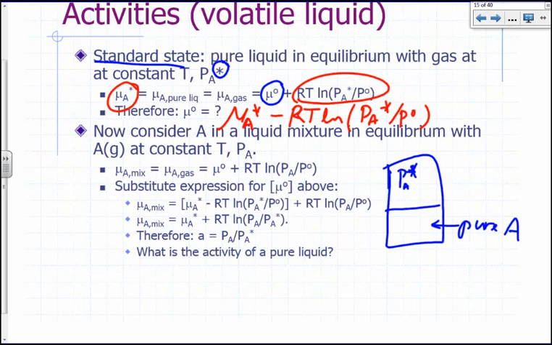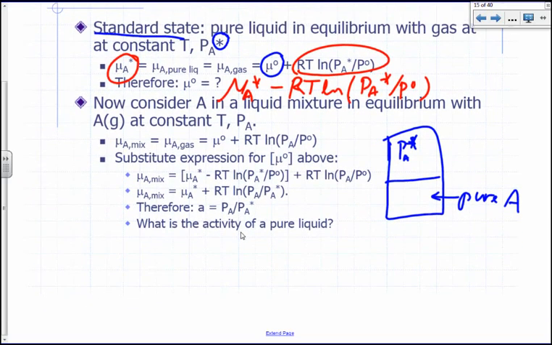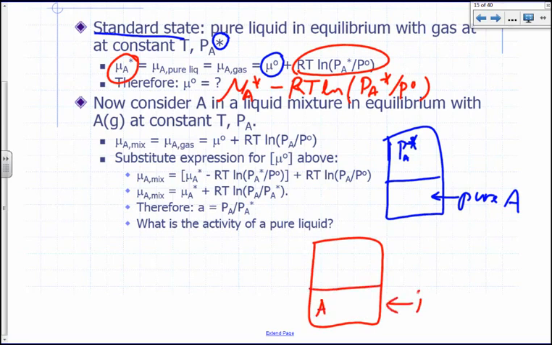All right, now consider this time the actual liquid, which is a mixture. So A is part of a mixture: your liquid consists of A plus other stuff, and then you have A in the gas. This time, the partial pressure of A is not going to be equal to PA star.